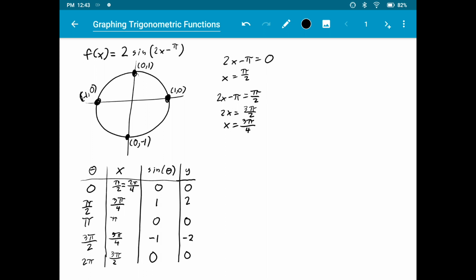This allows me to start to draw a graph. Every pi over 4 is what matters to me.